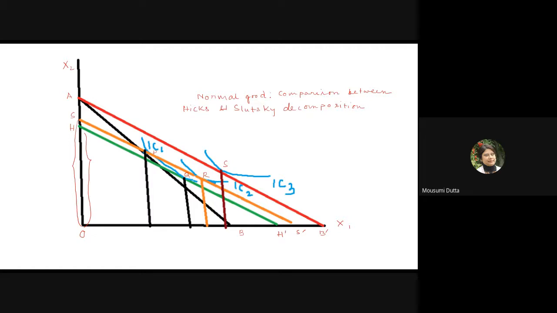For that matter, we are drawing the green budget line HH prime, which is parallel to AB prime, which means HH prime and AB prime indicate the same relative price of X1.